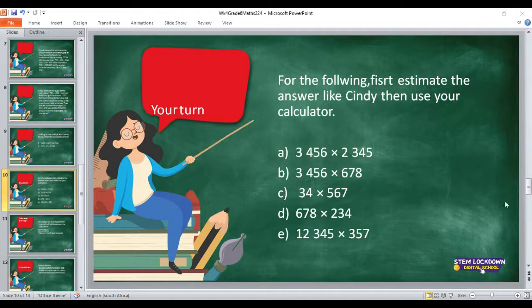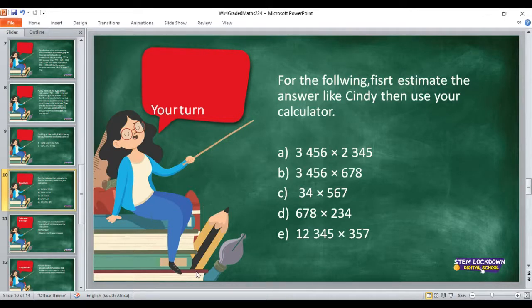All right, now we can go in and answer B, because the first one has been answered and I checked it's correct. It's 8,104,320. All right, on B we have 3,456 multiplied by 678.